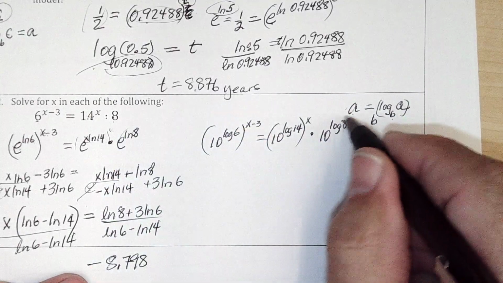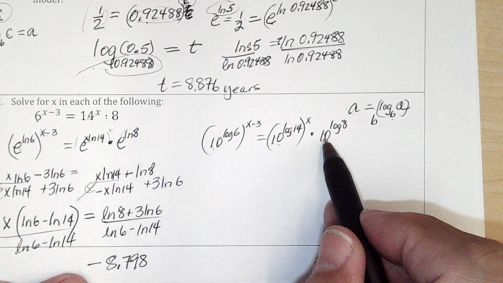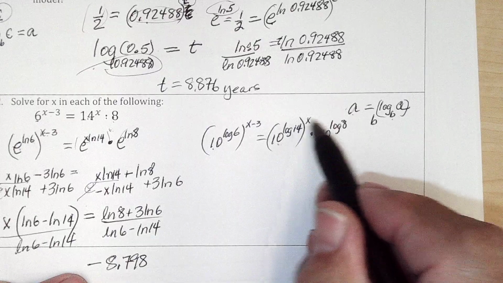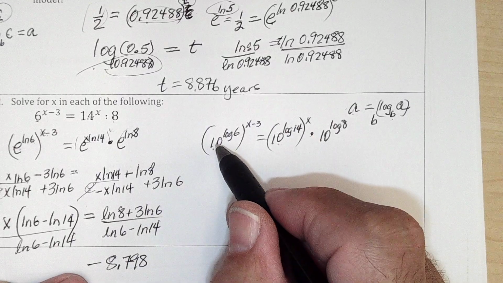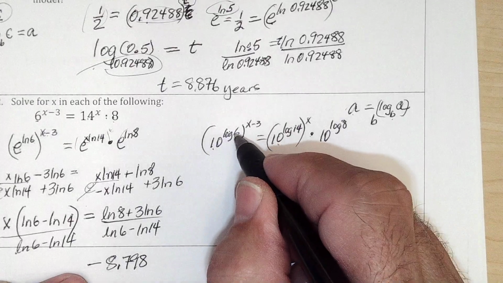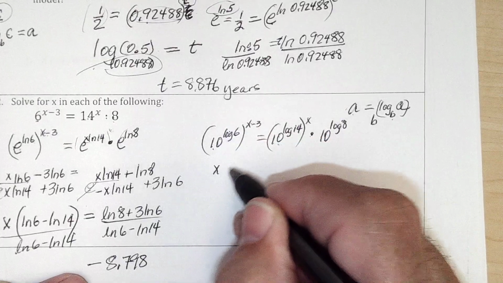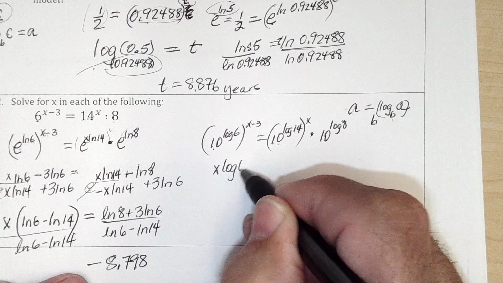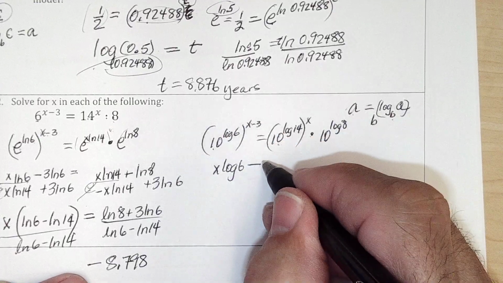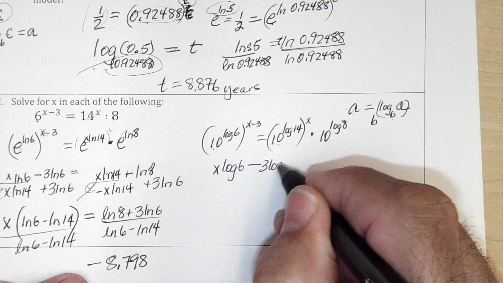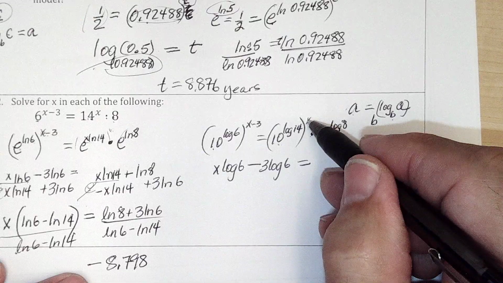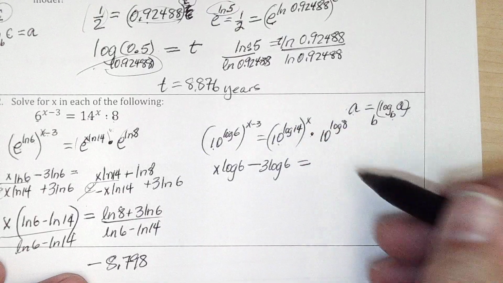Now they're all in base 10. But I need to get these together, and when I multiply, I add the powers, and here I have to multiply the powers, so I got log 6 times x minus 3 times log 6 equals, the power comes down, so I get x log 14.